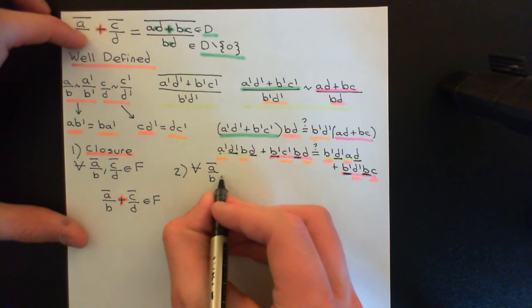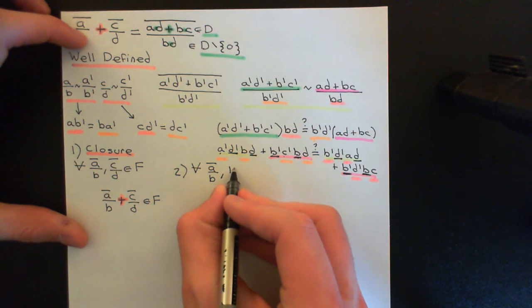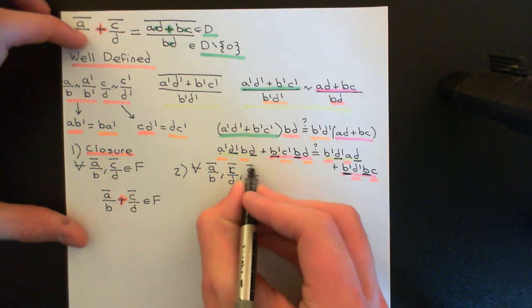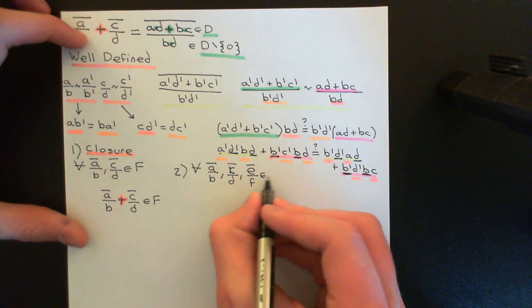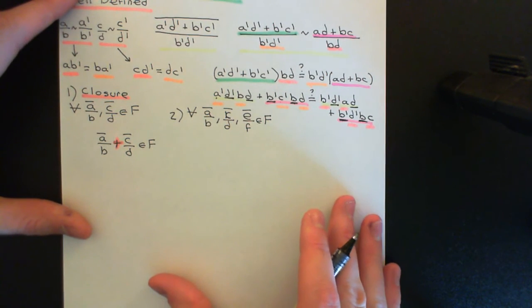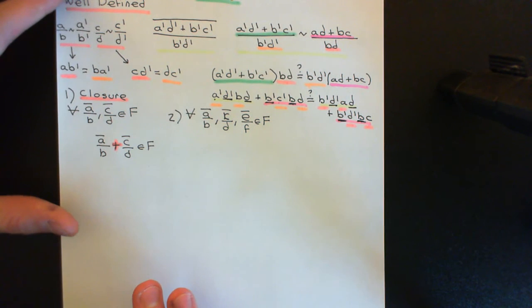So let's say we've got A over B bar, and then we've got C over D bar here, and then finally we'll have E over F bar here. So I've got 3 equivalence classes from my fraction field capital F. What I want to make sure is that this addition obeys associativity, i.e. it doesn't matter where I put the brackets.